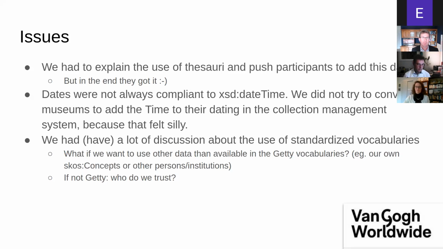So ECCE Artist is one of them, but then again, I don't think we could convince all museums around the world to introduce ECCE Artist URIs in their systems. So then we have to rely on the ULAN URIs. Anyway.